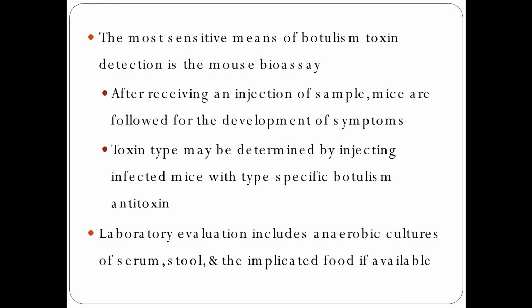We inject the sample into the mice, whether it is serum or food samples, and follow for the development of symptoms. The toxin type may be determined by injecting infected mice with the type-specific botulism antitoxin.